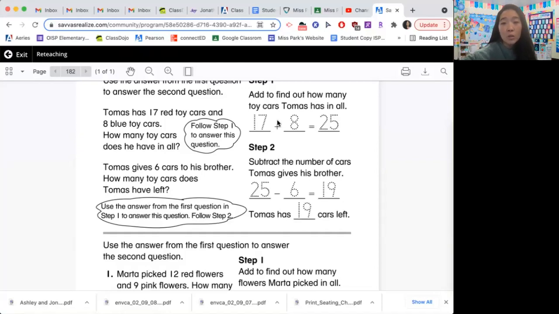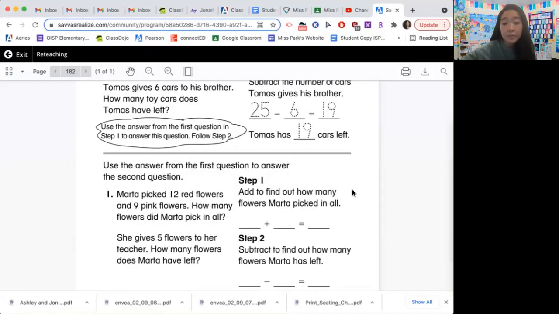The answer was 25. We now need to take away the 6 cars that he gives to his brother. So we subtract the number of cars Tomas gives his brother. 25 minus 6 is equal to 19. So Tomas has 19 cars left.